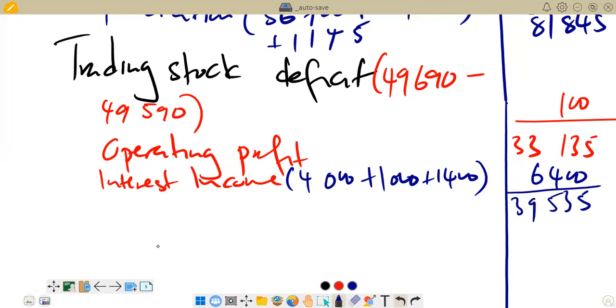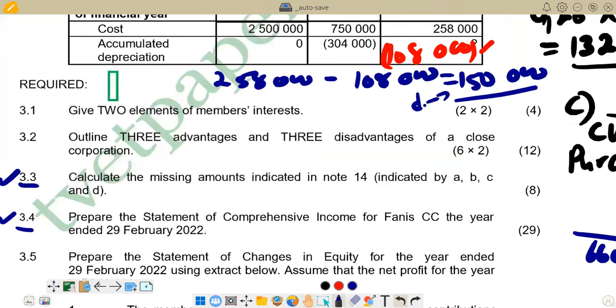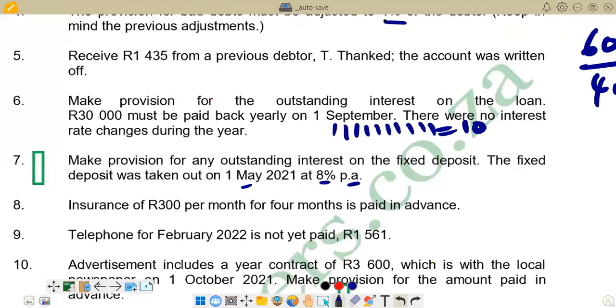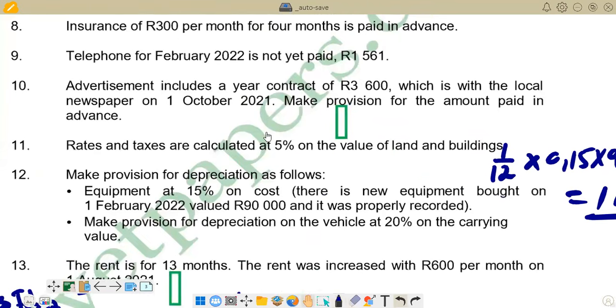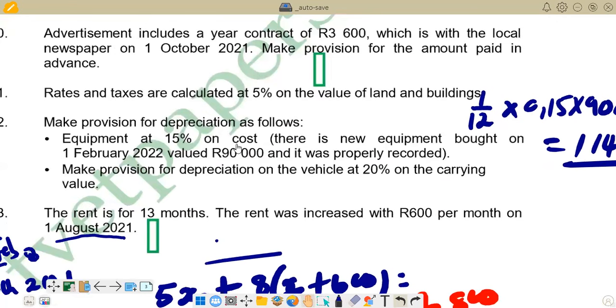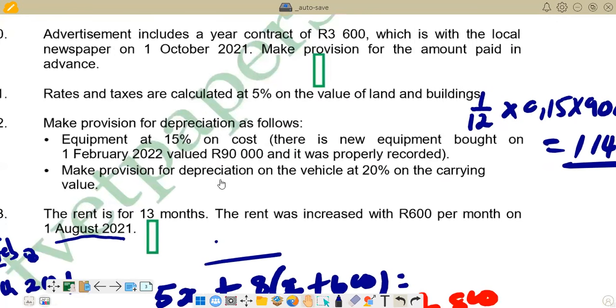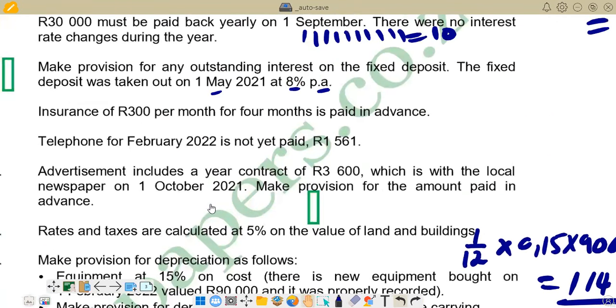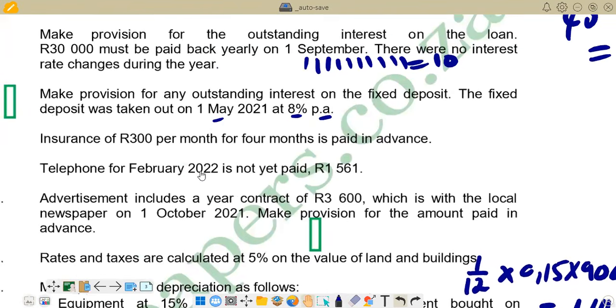Then obviously we have got an interest expense. Go back to the question and try to see what we have in terms of interest expense. On interest expense, try to see on additional information if you've got anything about interest.